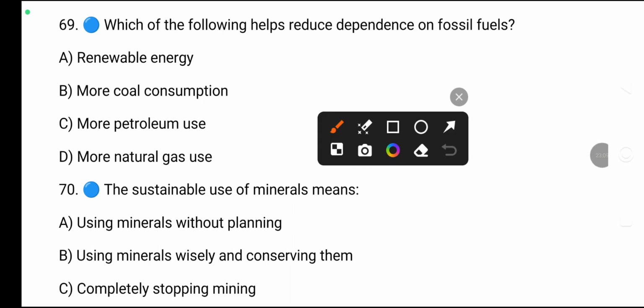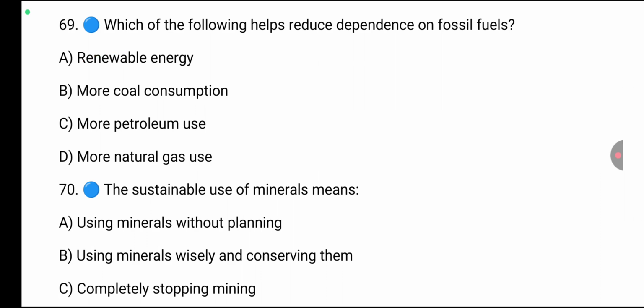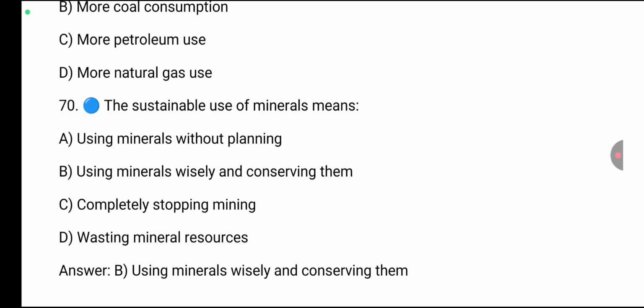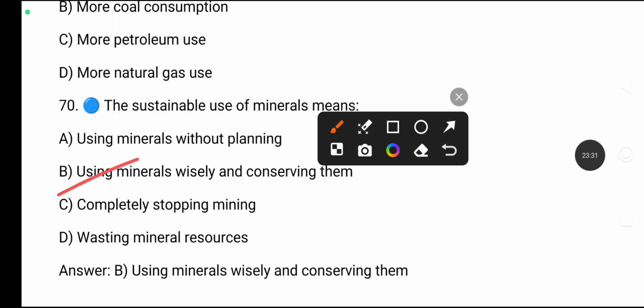Renewable energy, more coal consumption, more petroleum use, more natural gas. That is renewable energy. Now moving on to question 70. The sustainable use of minerals means using minerals without planning, using minerals wisely, and conserving them completely. The answer will be using minerals wisely and conserving them.